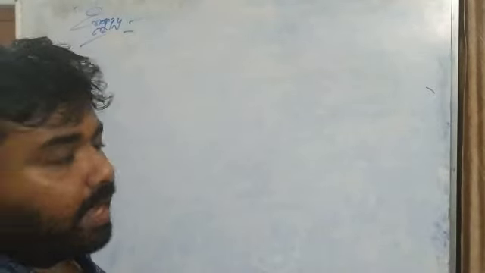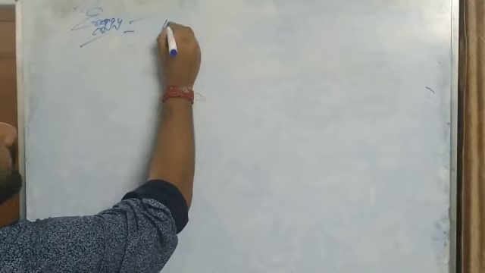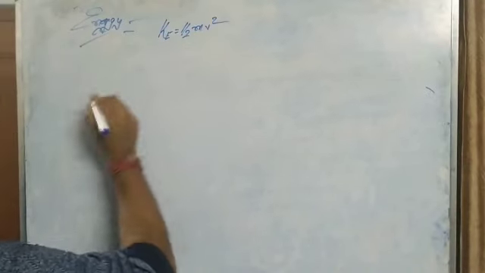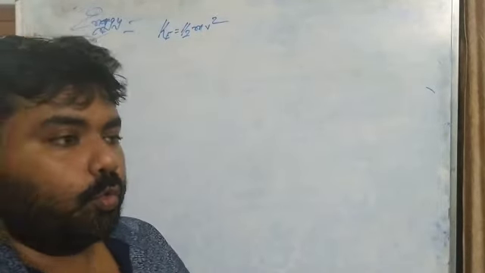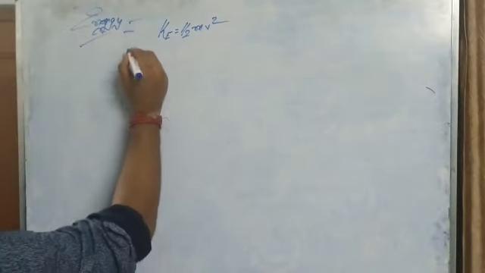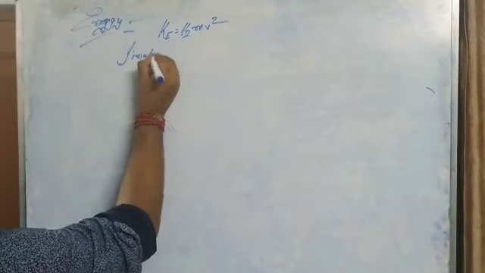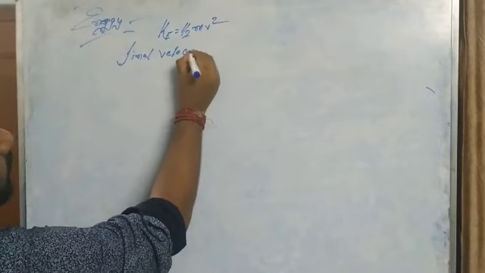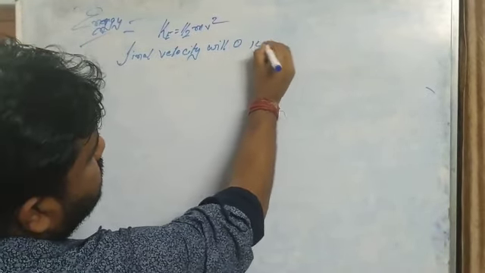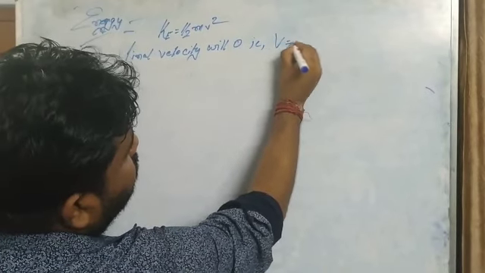Now we will learn how we can get the formula of kinetic energy. Basically, kinetic energy means half mv square. When we talk about kinetic energy, we will talk about retarding force. Retarding force means the final velocity will be 0, that is v equals 0.